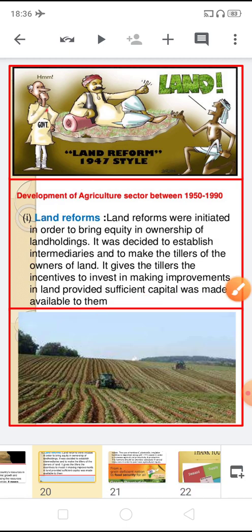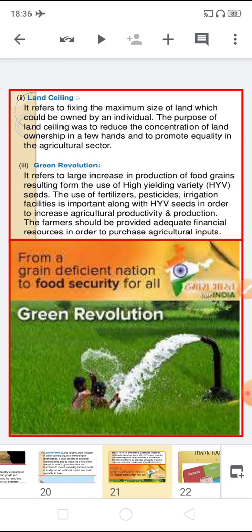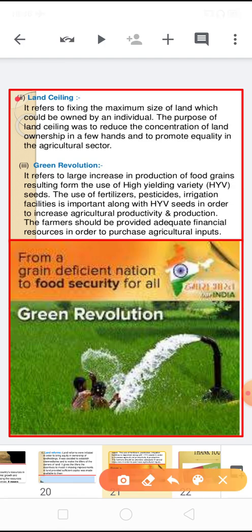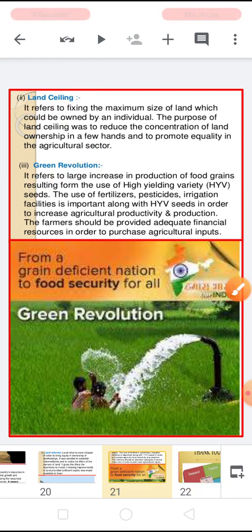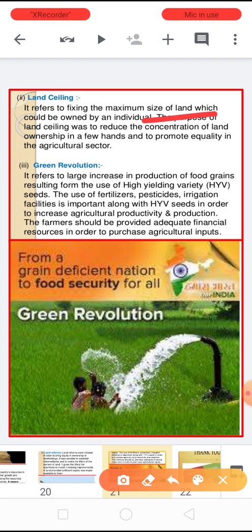I mean the lowest rate of interest. So land ceiling and the green revolution were adopted just to help the farmers. Land ceiling refers to fixing the maximum size of land which can be owned by an individual.